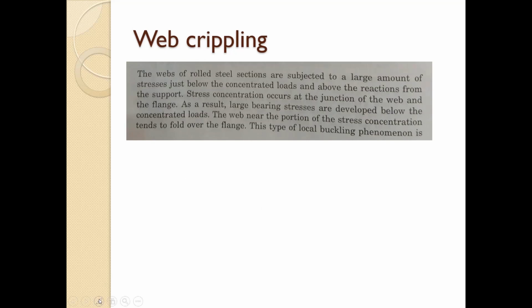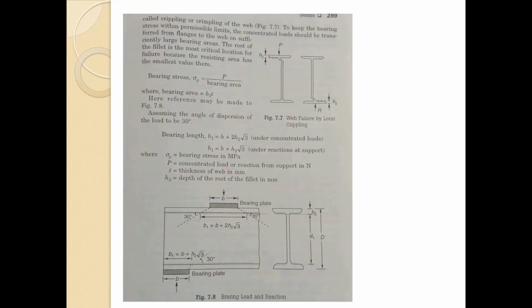So as you can see what happens, suppose this is the I section. Somewhere over here at the junction of this web and flange, it tends to cripple. So it is something like this.